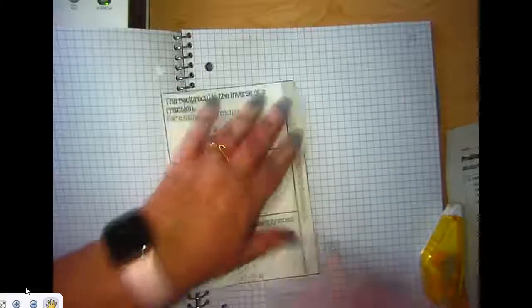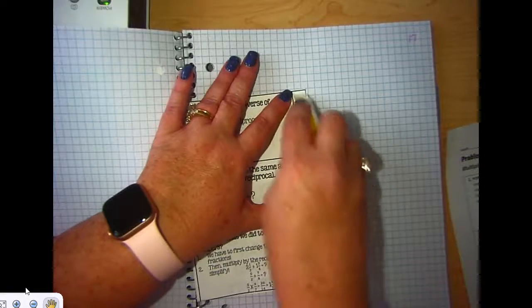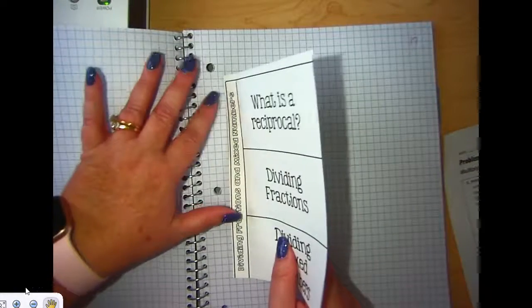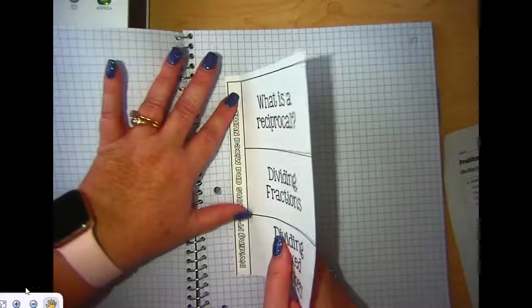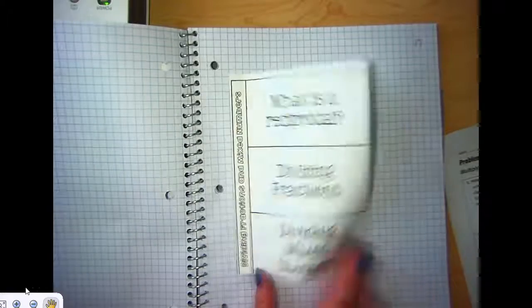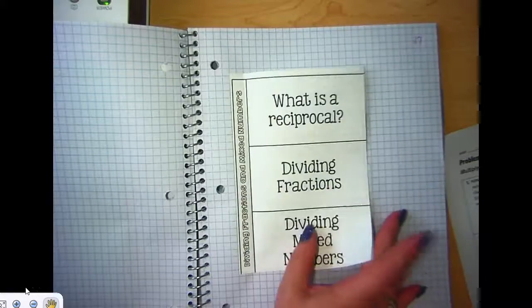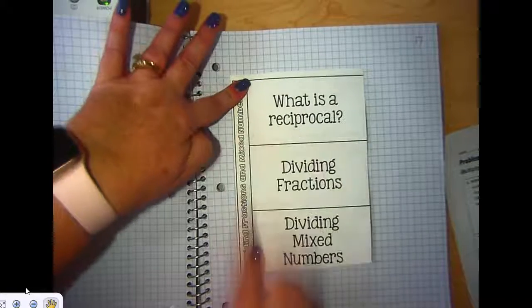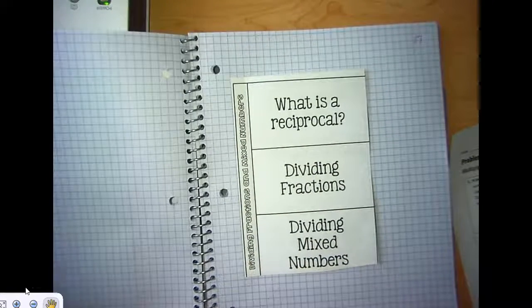So I'll put it like that. And then I'm going to take it and line it up with my grid paper and make it nice and straight. And so once you get it glued down, it should look like that. Make sure it's good and stuck. All right, and then we'll go through these notes.